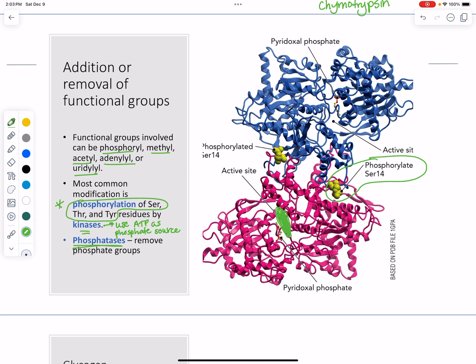But remember what happens when you add a phosphate group: you're adding a lot of negative charge. That is going to have a huge impact on the structure of your protein. So you're going to get a structural shift, and that's what's going to make the active site become catalytically active.